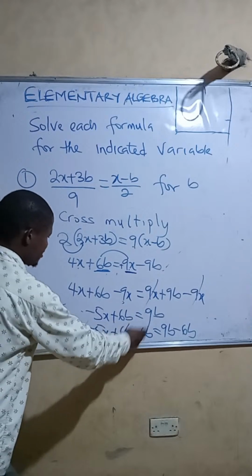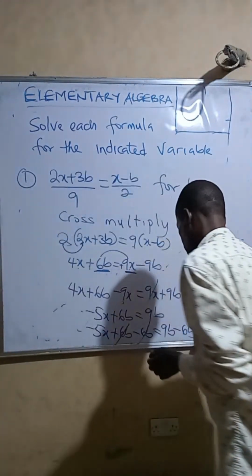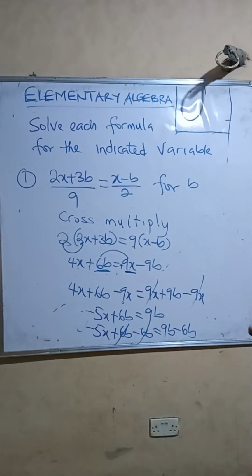So this and this cancel. This and this cancel. So I have 3b. I hope there are no mistakes anywhere. So that one cancels. 3b.